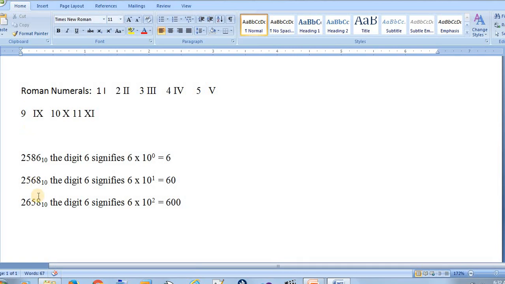So as we change the position of the digit 6 in these two examples, the value is affected. In this case the value of 6 will be 60. Again, if I interchange the positions, it will be 2658. In this case the digit 6 has the value 600, because it is placed at the 100th position.